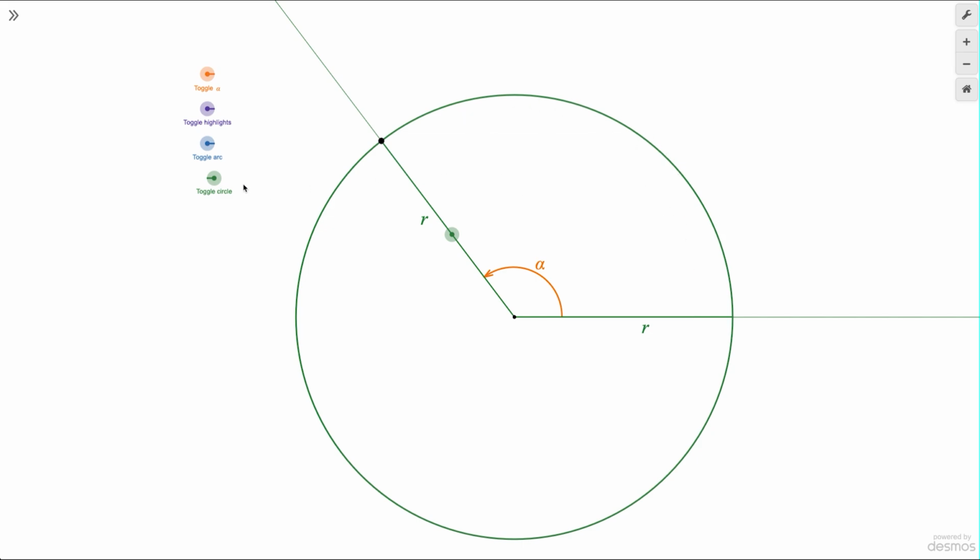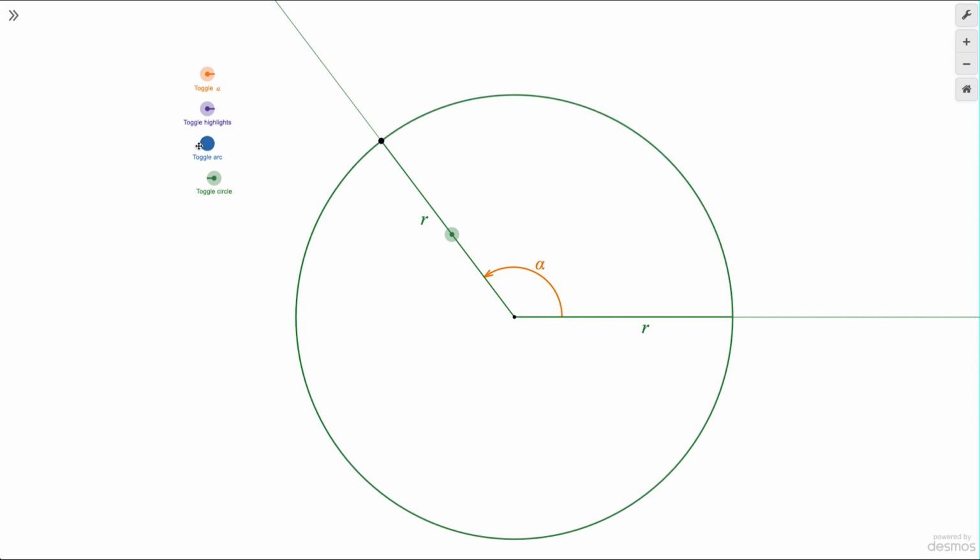This is the arc subtended by the angle that I'm calling alpha. I have never heard the word subtended used anywhere other than in a sentence like the arc subtended by this angle. So that's what I mean by it if you ever see that word.